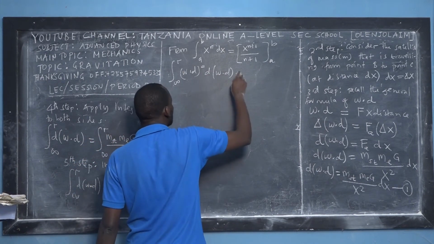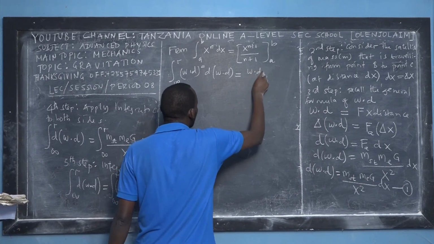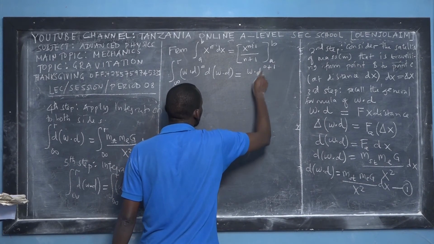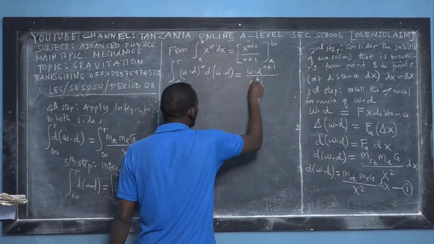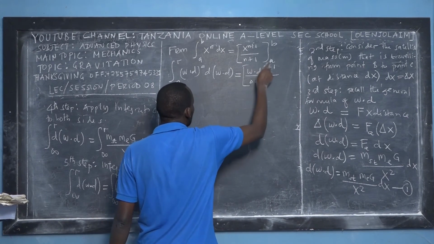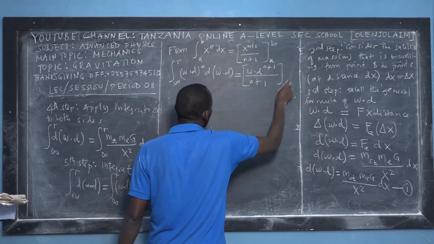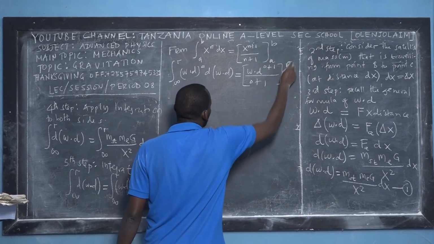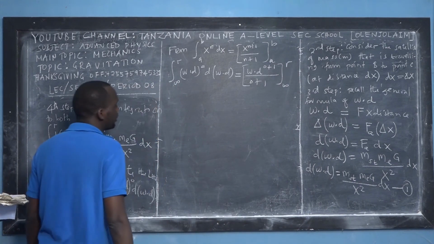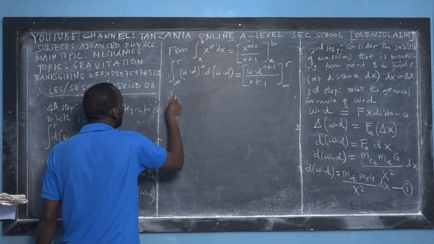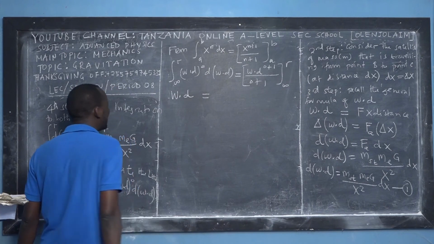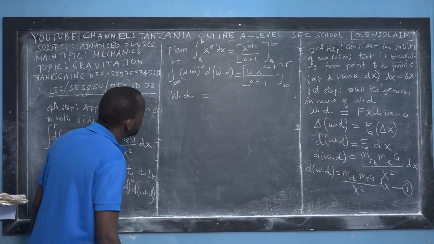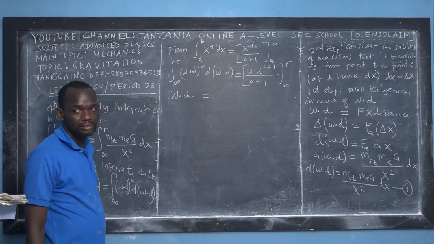Our n here is equal to 0, so we have work done power 0 plus 1 over 0 plus 1, with limits from infinity to r. If you find the value there, the answer is work done. So on the left hand side, if you integrate d work done, we get the work done.